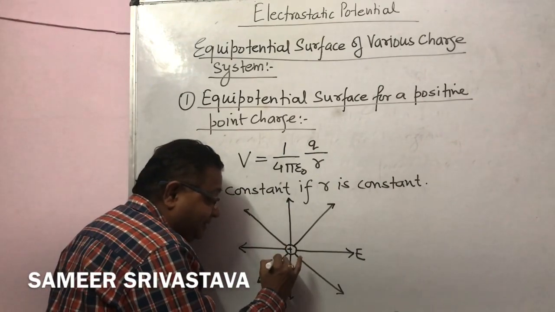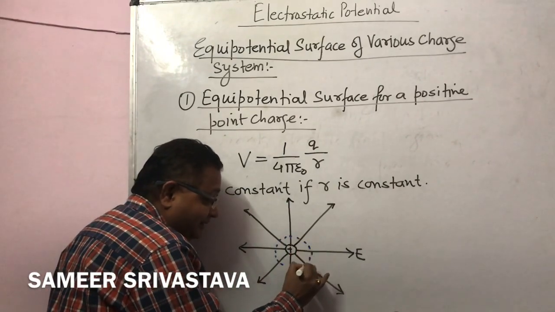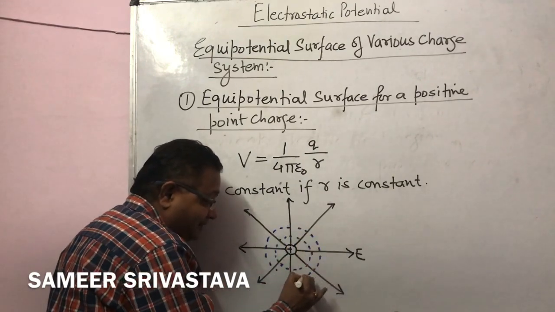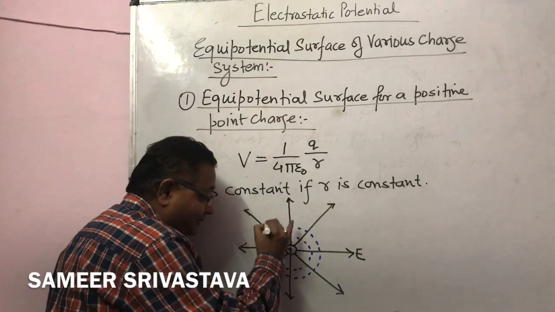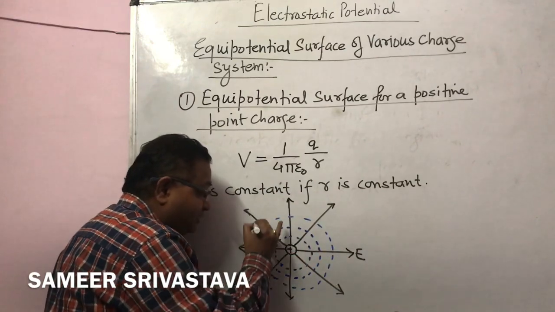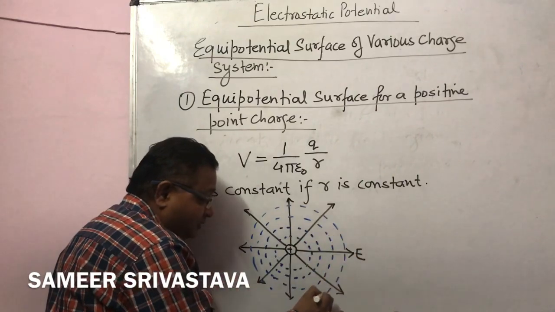So I make concentric circles here: my first circle, second circle, third circle, fourth circle, and so on.